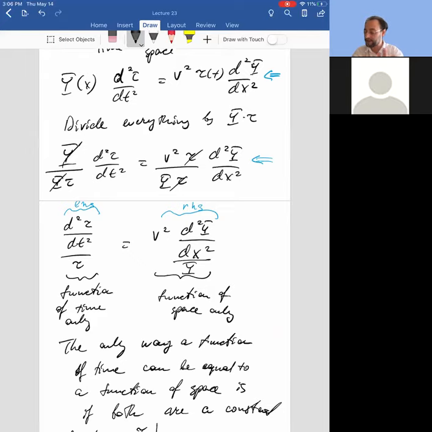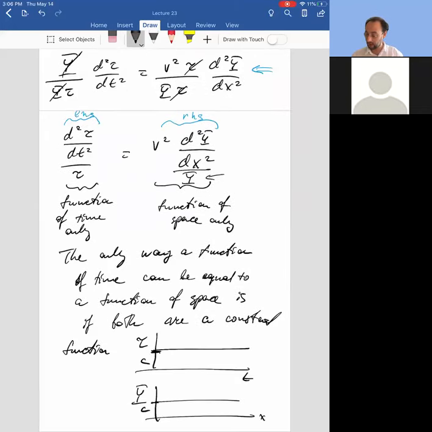On the left-hand side, I got the second derivative of tau with respect to time divided by tau itself. On the right-hand side, it should be v squared times the second derivative of y with respect to space divided by y itself. I think I left this off last time; today, when I was going over that, I realized it was left off.